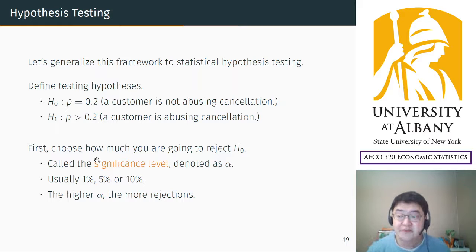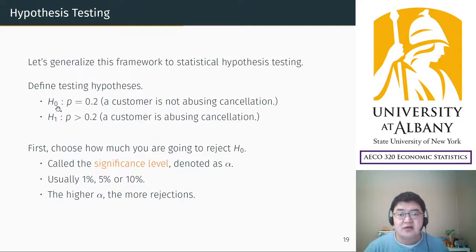So the first step you have to do in testing is to define the hypothesis, of course. And in this example, let's say P is the probability of cancellation, and your null hypothesis is that the probability of cancellation is 20%. And the alternative hypothesis assumes that the probability is greater than 20%.